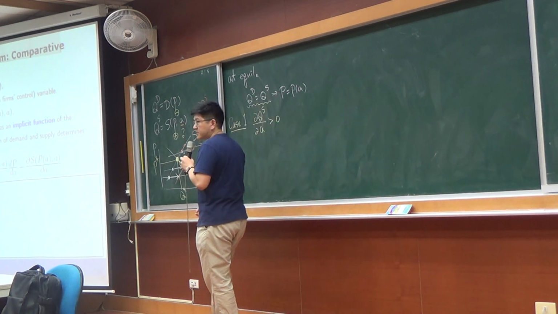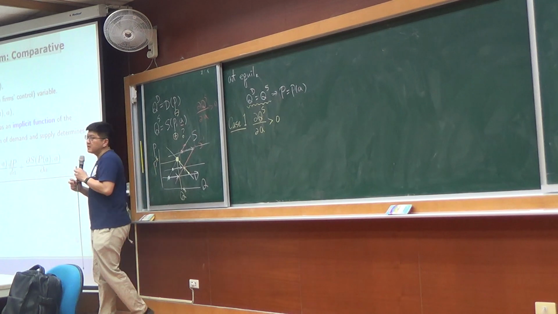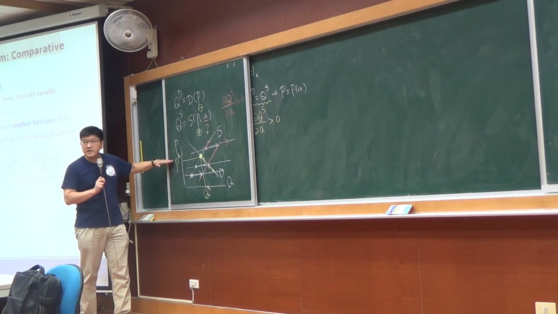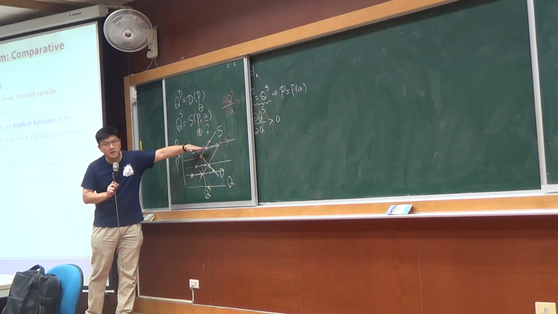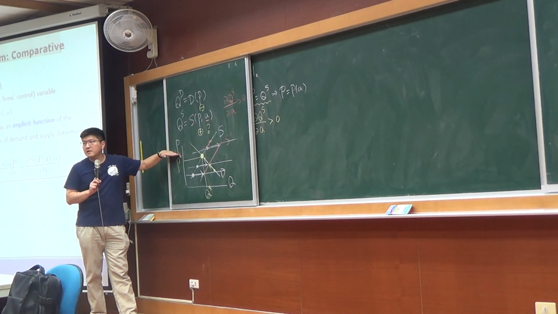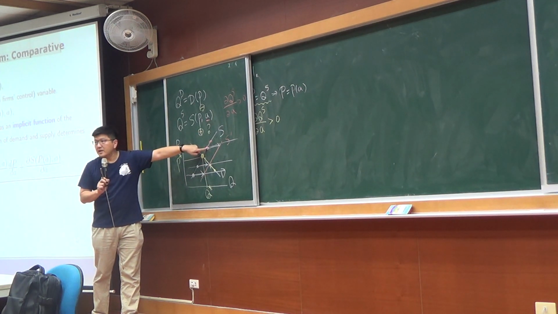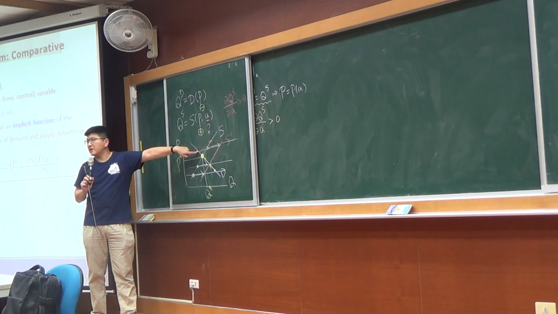If the price is not at the equilibrium price, if the price is higher than the equilibrium price, what would happen? The quantity supplied exceeds the quantity demanded, right?